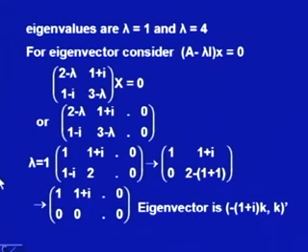This is an eigenvector corresponding to lambda equal to 1, and when we take k equal to 1, the eigenvector u becomes minus 1 plus i, 1. The transpose indicates that it is a column vector, which is actually an eigenvector corresponding to lambda equal to 1.